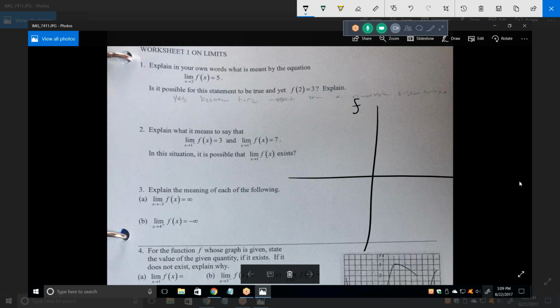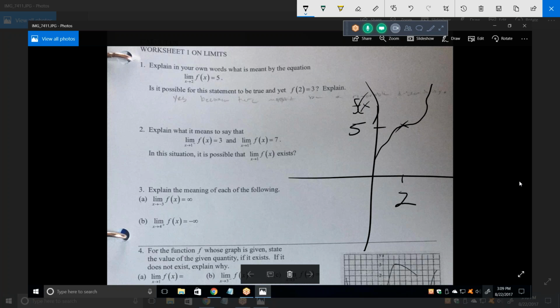This is f of x. This is the x. So as I'm approaching 2, I could have all kinds of functions that would approach 5 at that point. I could have a function that looked like this. So as I approach 2 on the x-axis, it approaches 5 on the f of x axis.